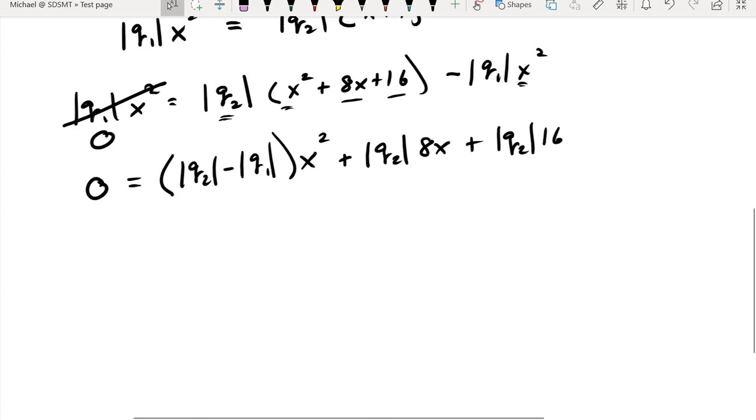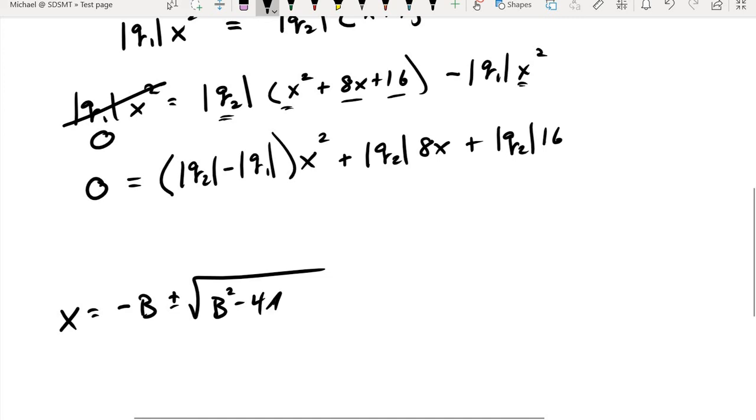The reason for this is because when we go to solve for x, x is going to be a quadratic solution. And for a quadratic solution, the solution to that is negative b plus or minus the square root of b squared minus 4ac all over 2a.